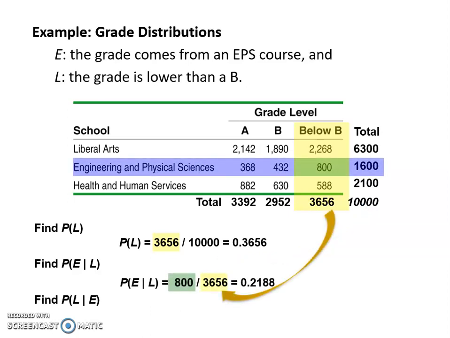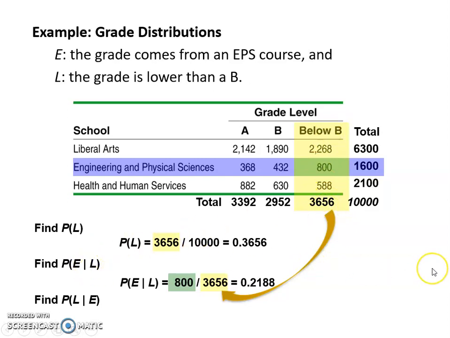Well, the engineering and physical sciences who are lower than a B are 800 out of all the total lower than B's of 3656. So where those 2 events overlapped, that would be your numerator, and then your denominator is going to be the total for what was given.